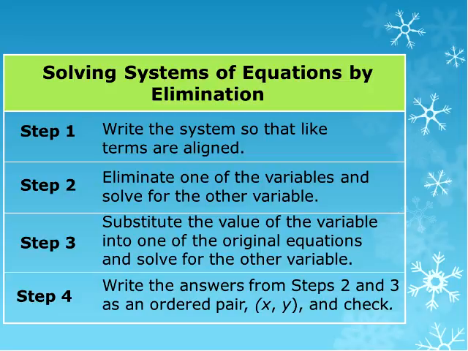And then step 4 is to write our answer as an ordered pair. All of our answers should be written as an ordered pair. Remember, that's x comma y. So we have to make sure it goes in that order. We always want the x number to come first and then the y number to come second in our pair. All right, so those 4 steps are really important.